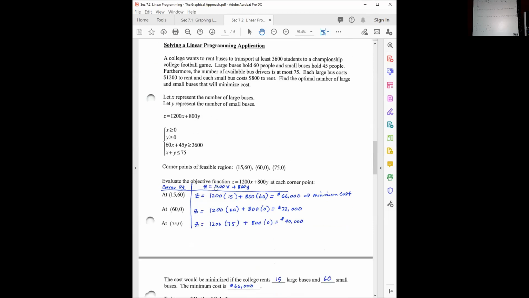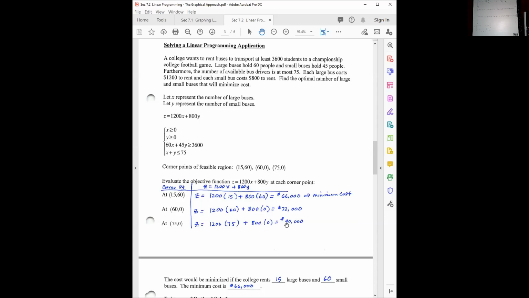So here's the z: 1200x plus 800y. Plug in 15 for x, plug in 60 for y, add them together, 66,000. Do it again. Plug in 60 and 0, add them together, 72,000. And then do the last one, 75 and 0.